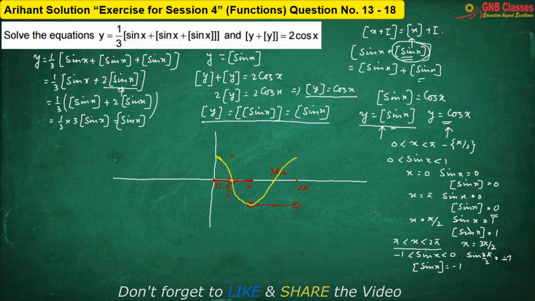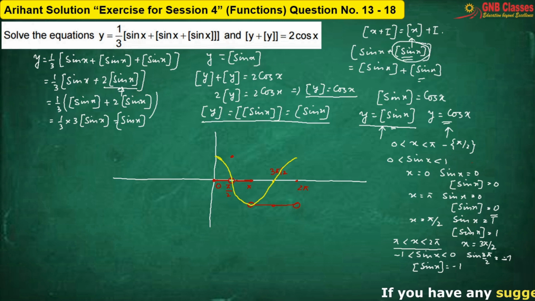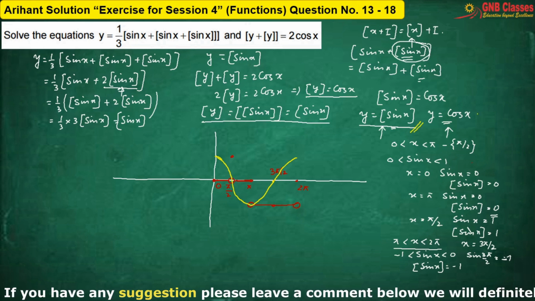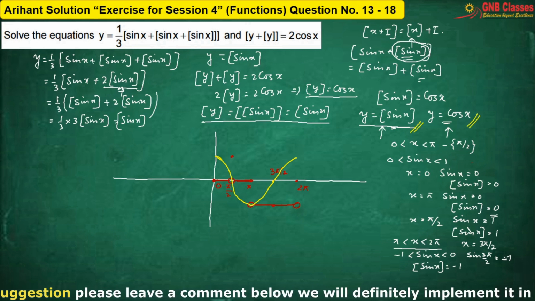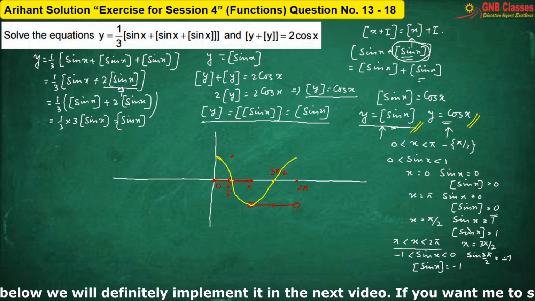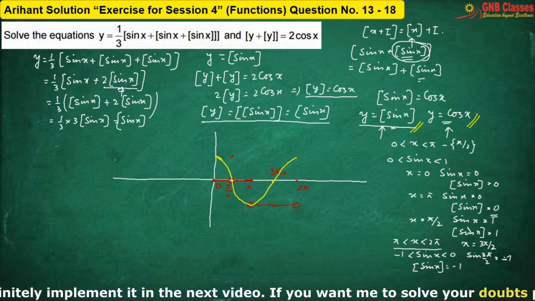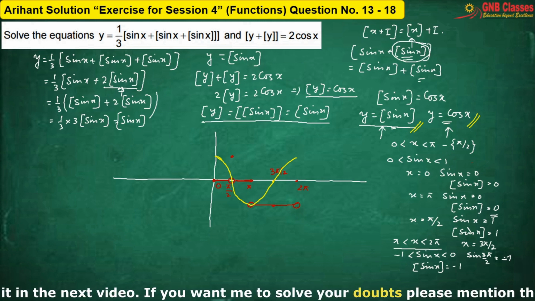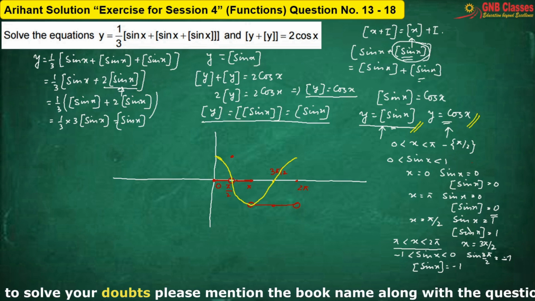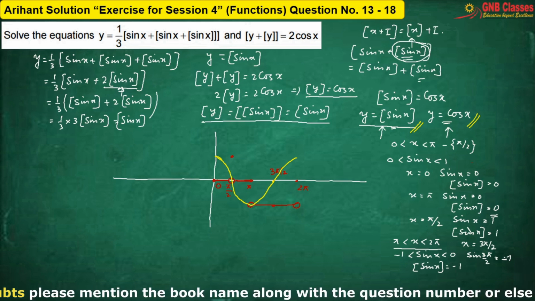Now, within this range, you can see easily that nowhere do these two curves, that is y equals box of sin x and y equals cos x, intersect. So, if you draw the graph of cos x throughout, it will never intersect y equals box of sin x.